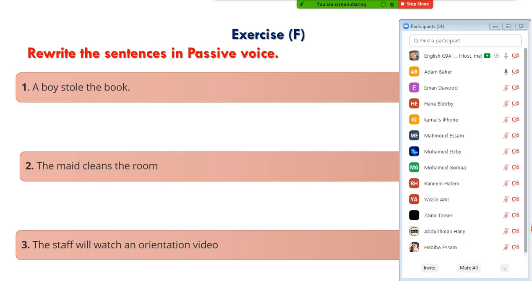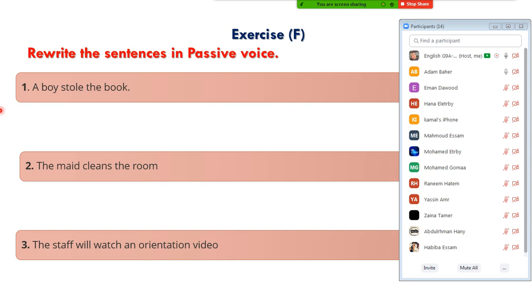A boy stole the book. So, it changed into passive. What is the tense? Past, present, future, present perfect, past perfect, whatever.